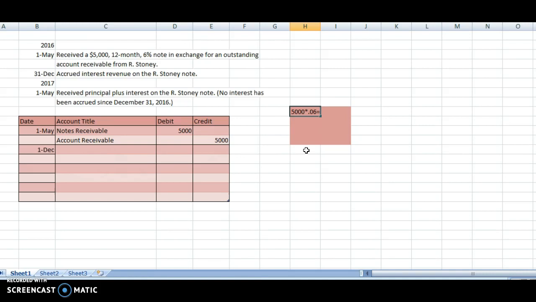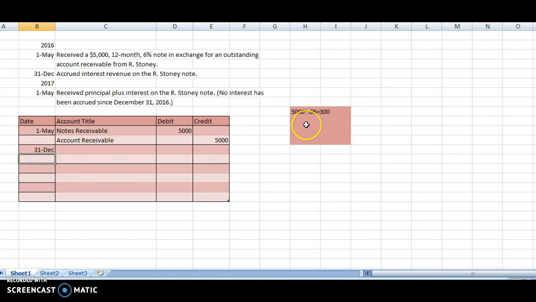So we take 5,000 times the 6%, and we get 300. By the end, when they repay that note, they will have accrued $300 in interest. But this is December 31st. I apologize, I made a mistake there. It's the 31st, not the 1st.